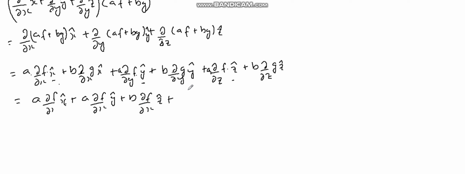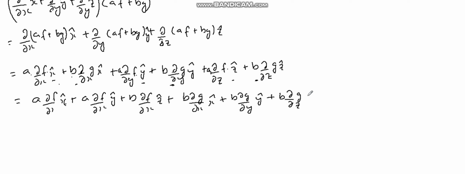In a similar way, we can write the other terms with g: b del g by del x x cap plus b del g by del y y cap plus b del g by del z z cap.